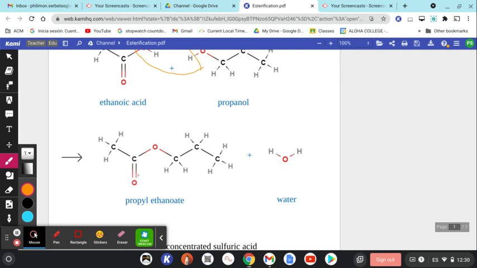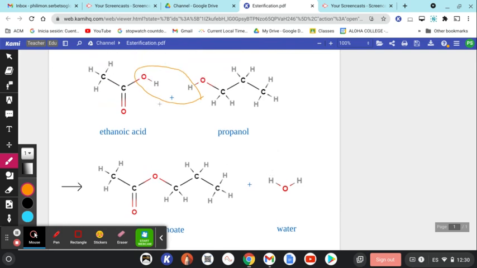Obviously not the COOH group, but still we have the two carbons here that used to be part of the carboxylic acid. So we say ethan, and we change the ending from oic acid to oate, so propyl ethanoate. Plus water, as we discussed. When you make this ester link, you also lose water.